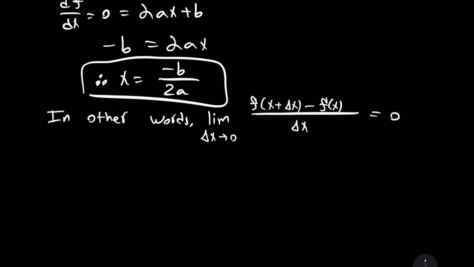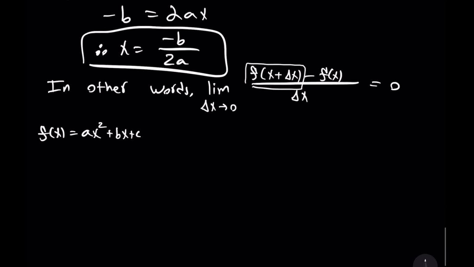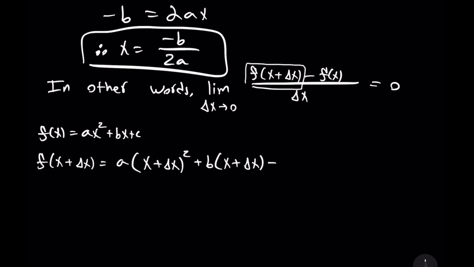But to solve that, we better first think about what is f of x plus delta x. So remember, of course, we have f of x is equal to ax squared plus bx plus c. So we want to know what f of x plus delta x is. We have a times the quantity x plus delta x, that quantity squared, plus b times x plus delta x plus our c.